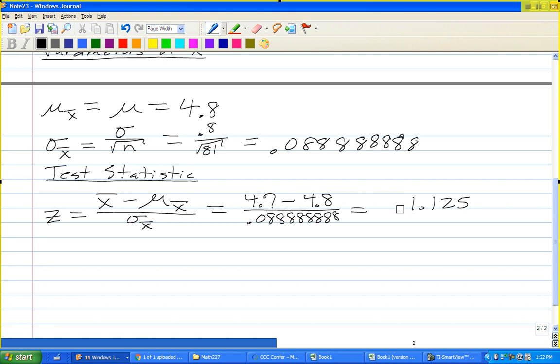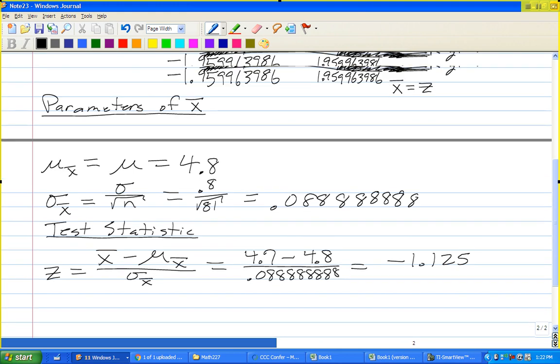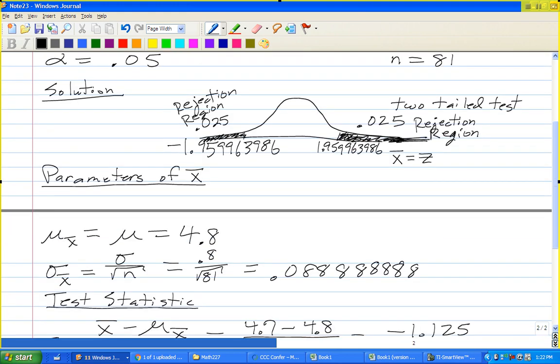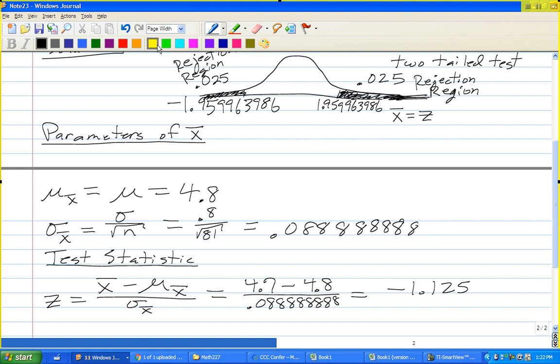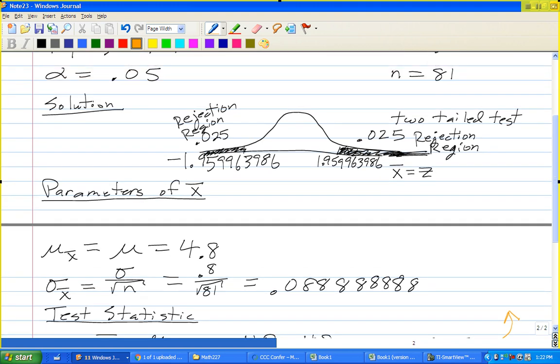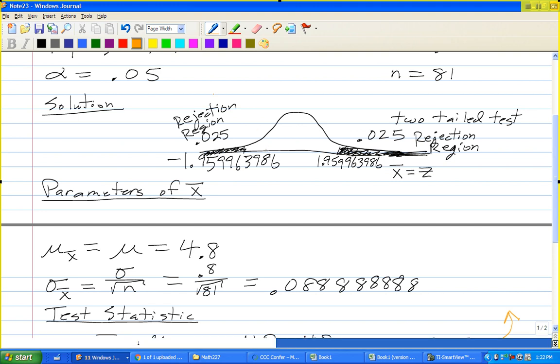So now that I have found this test statistic, now what I do is I plug this back into the graph here to see if it's in the rejection region or not. Well, let's see. So it's a negative 1.125.